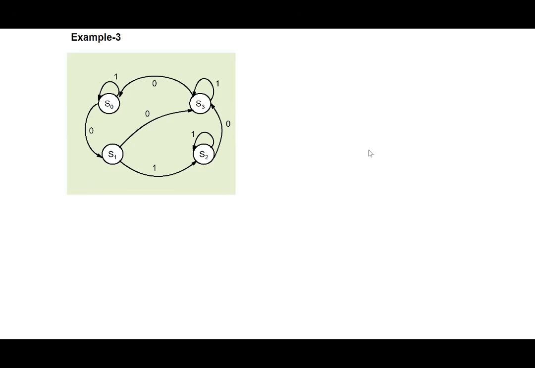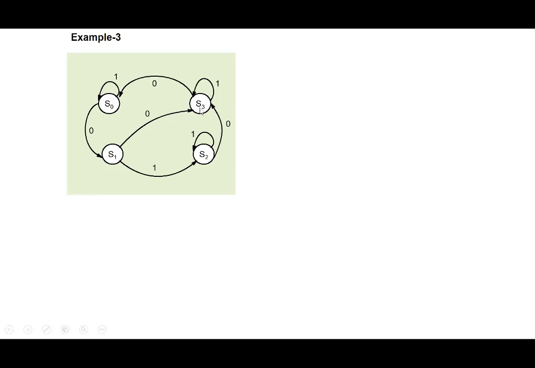All right, so let's look at another problem, our example 3. So we have 4 states here, S0, S1, S2, S3. If you note something about this particular state transition graph, we have only the inputs and there are no outputs here. Now you may be wondering that this is a funny circuit which has input but no outputs.